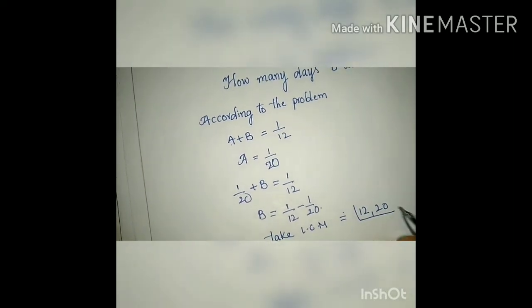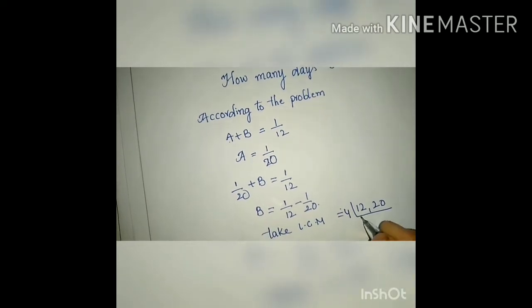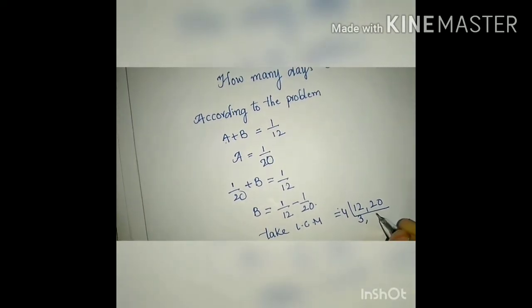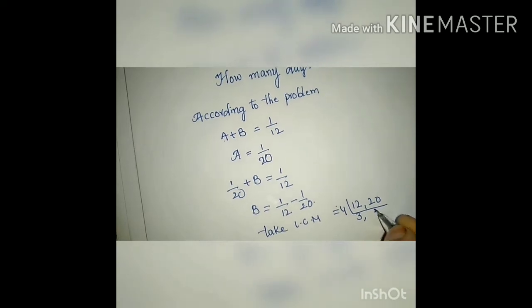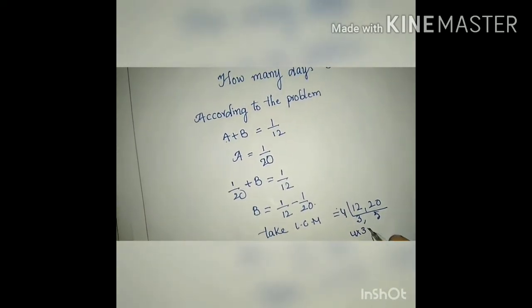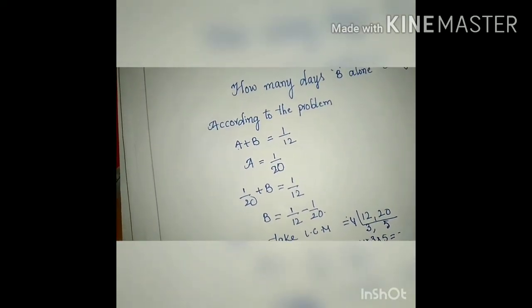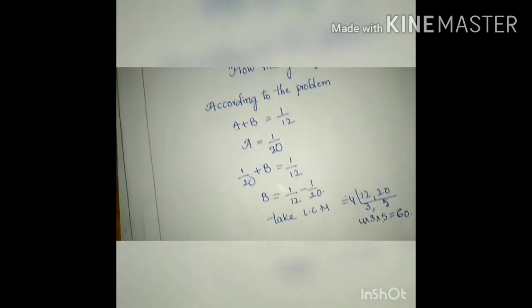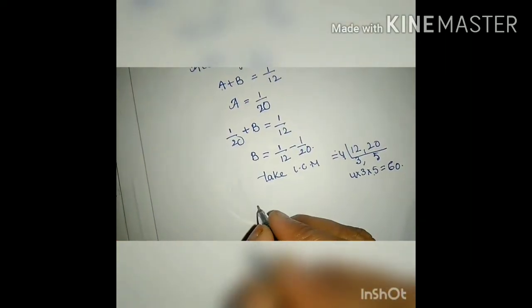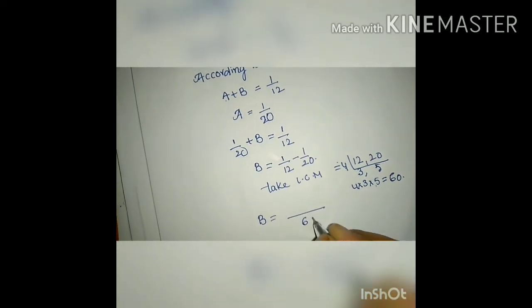The 4 table is possible: 4 threes are 12 and 4 fives are 20. So 4 into 3 into 5, 12 fives are 60. LCM is 60.